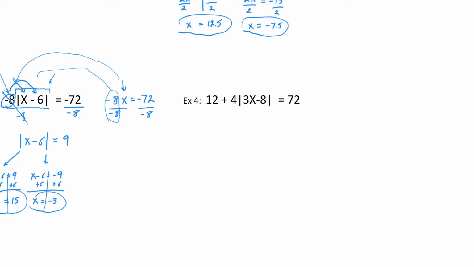Alright, so let's take a peek at this. Now remember, we're trying to get the absolute values totally by themselves. So, the rule is junk and divide, junk and divide. Here is the junk. This is the extra piece. So let's make it disappear. Subtract 12, subtract 12.